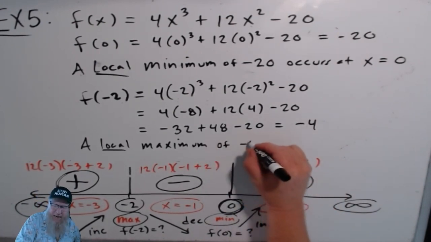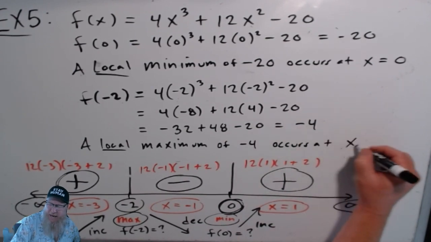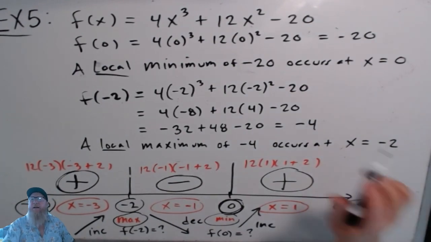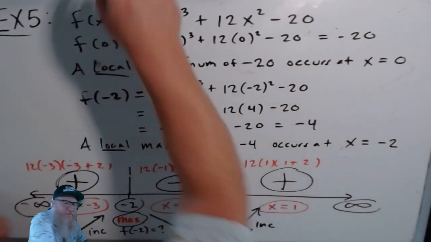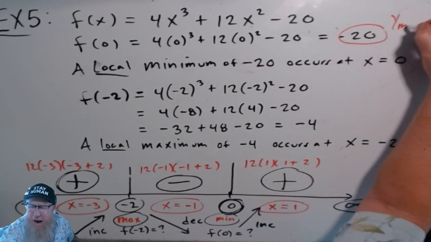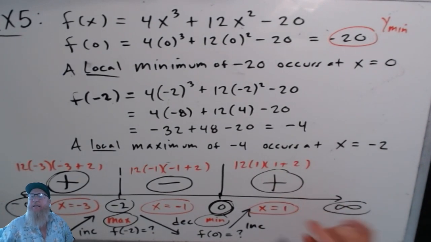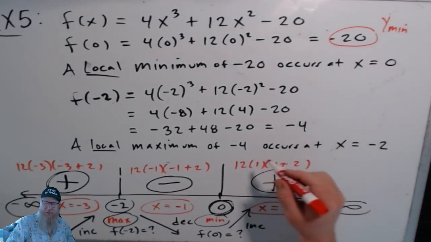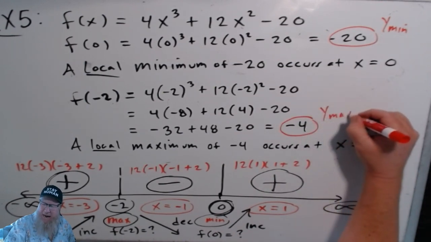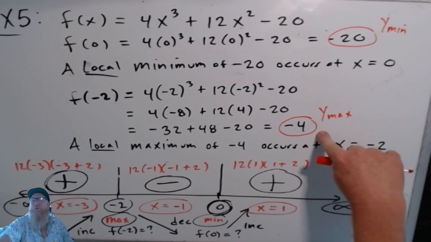A local maximum of -4 occurs at x equals -2. Now be careful. The actual minimum, we call that y min, is the y value, -20. And the actual maximum, we call that y max, is the y value that is the actual maximum.